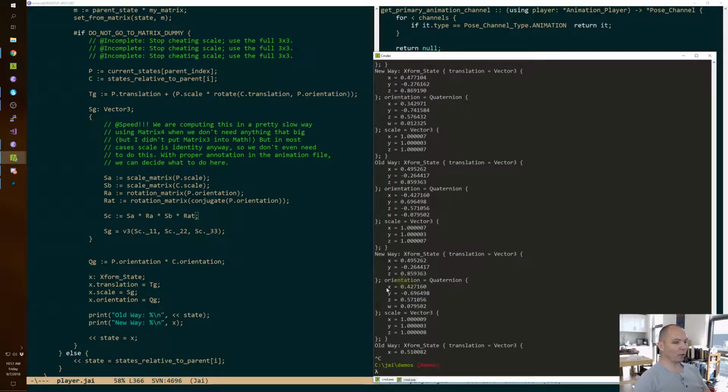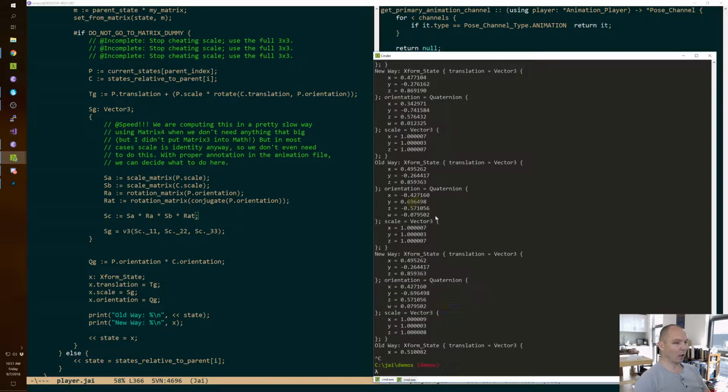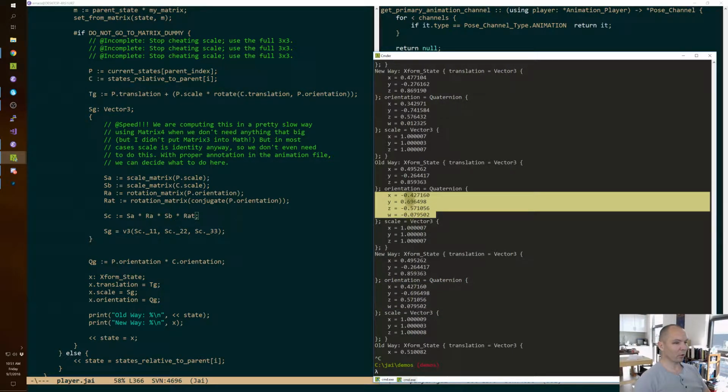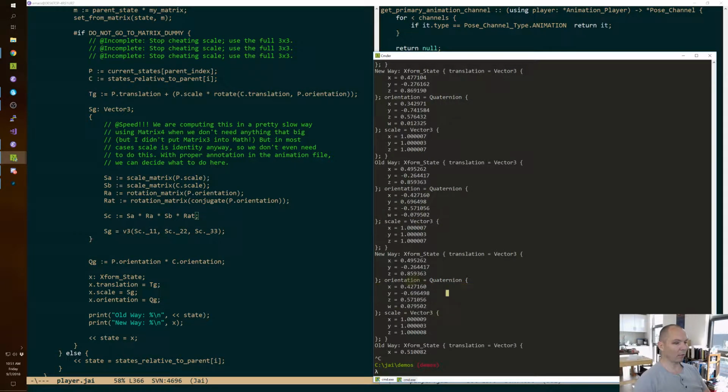So the first way is this orientation is oppositely signed of this one. You see that? So this has x, z, and w negative, and this one has x, z, and w positive with y negative. That doesn't matter because quaternions that are oppositely signed are the same rotation.